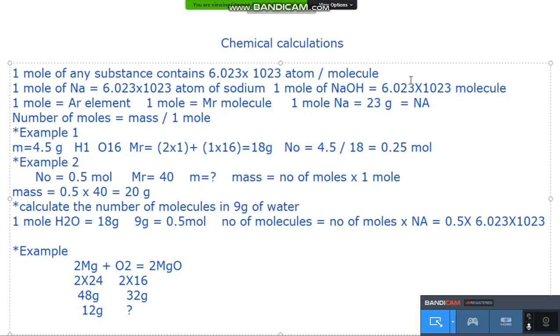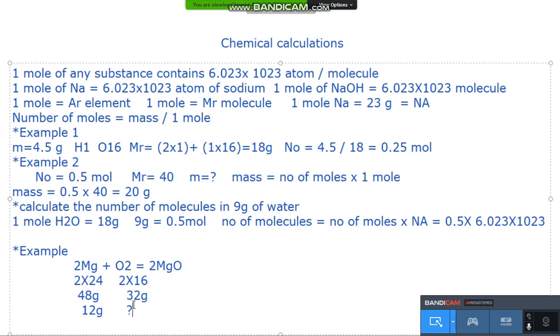So first, in the first step, we will write the balanced chemical equation. Then we will find the relations. We have here every 48 grams of magnesium react with 32 grams of oxygen.